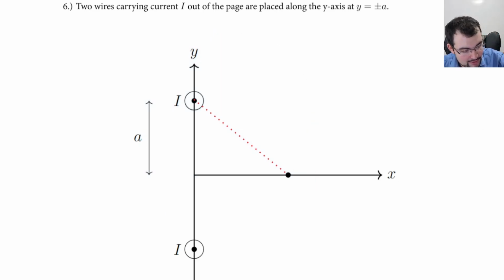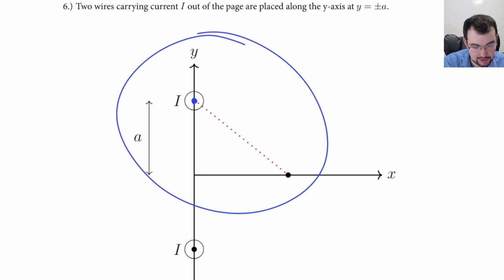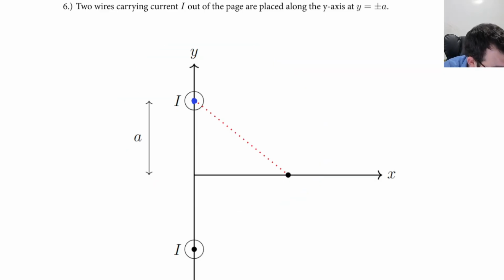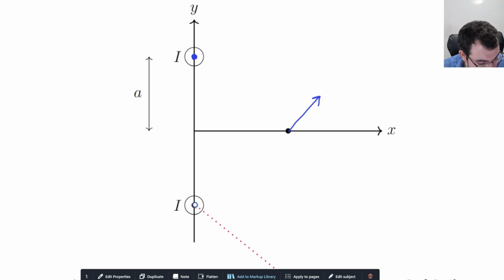So remember that the B field circulates around current. So since my current points at me, it's going to circulate counterclockwise. So if I imagine drawing myself a nice big circle around this thing, it's going to point counterclockwise. So the first B field would point this way.